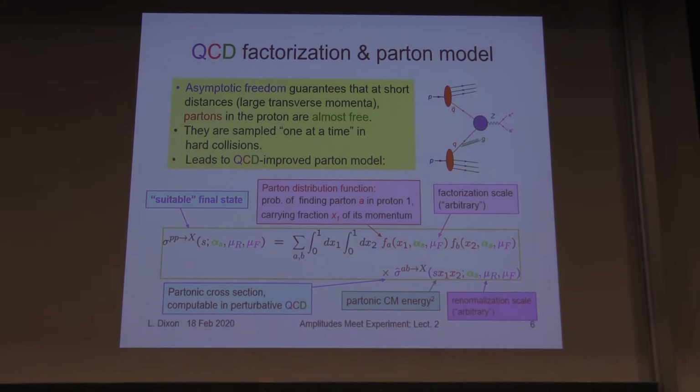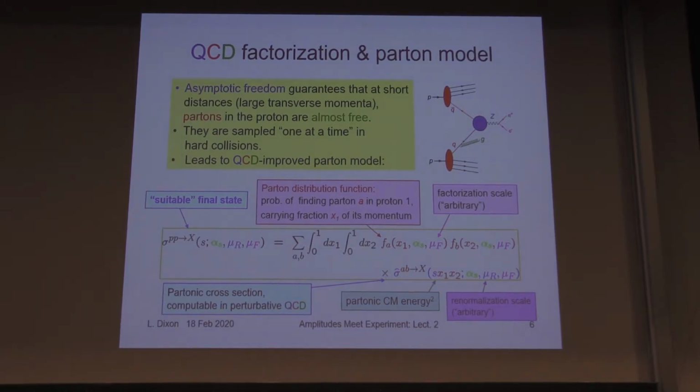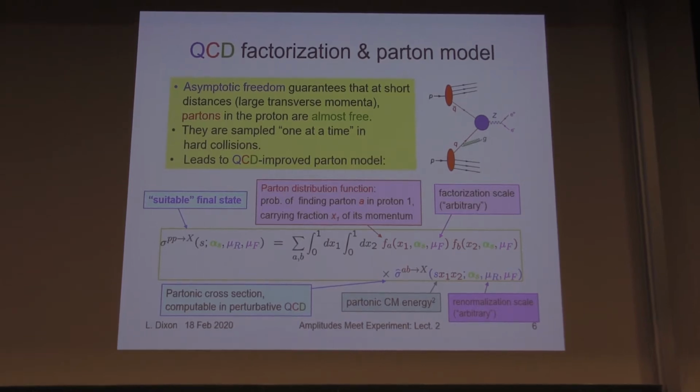Now, there are a lot of subtleties in applying it in hadron collisions. Some of those were shown schematically in that first slide I showed. They involve the fact that there are proton remnants on both sides. That is, parts of the proton that don't correspond to the partons that collided can also interact with each other.